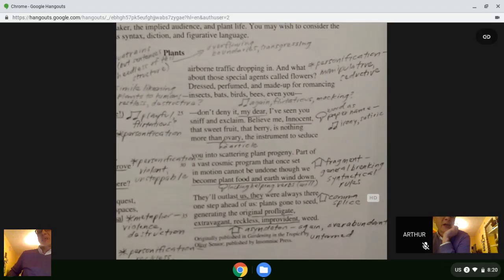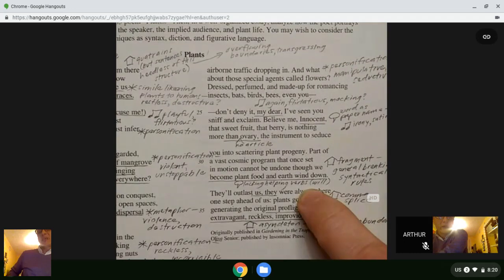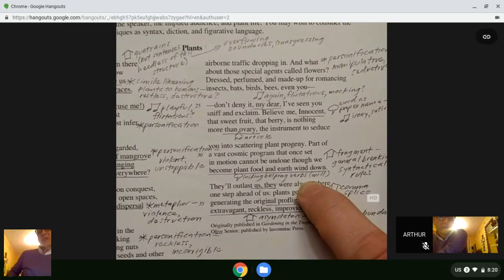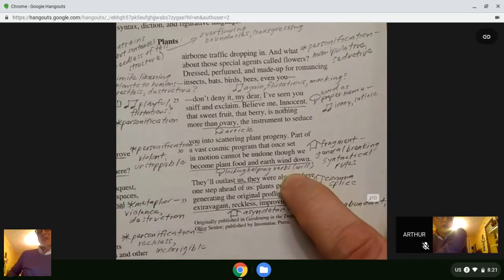All right, moving on. Similar kind of thing, a little bit further down. This should have a helping verb. It felt a little bit weird. The motion cannot be undone, although food and earth wind down. It should either be winds down or down.